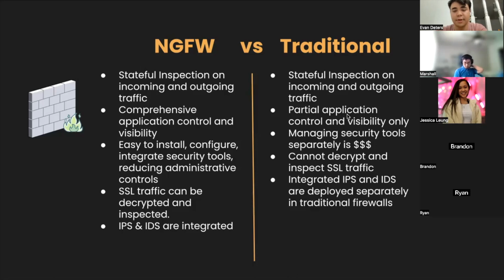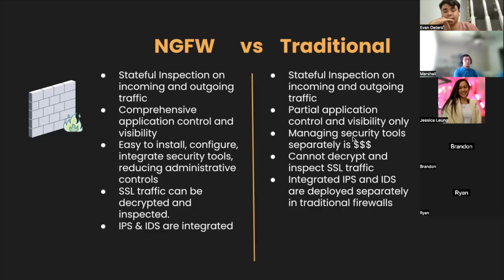Partial application. This manifests in Windows firewall, where you can block specific processes or applications from making network connections. It's not too strong compared to the next generation firewall, where you don't need a client on every single host making network connections, whereas in the traditional firewall, it has to be on that device to get the application control.